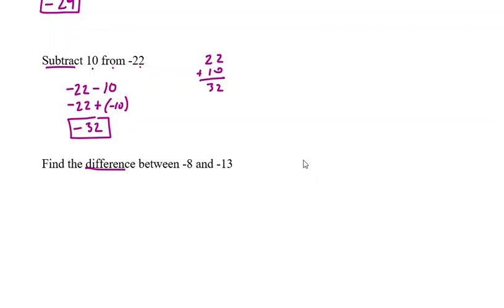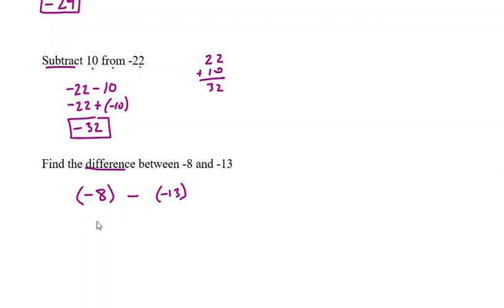I would mean 5 minus 3, right? I would keep the order. I wouldn't change it. Well, I'm not going to change it here either, so I'm going to say negative 8 and 13, and the difference is just put a subtraction sign between them. That's what difference means, subtract them. But we're going to subtract in order.